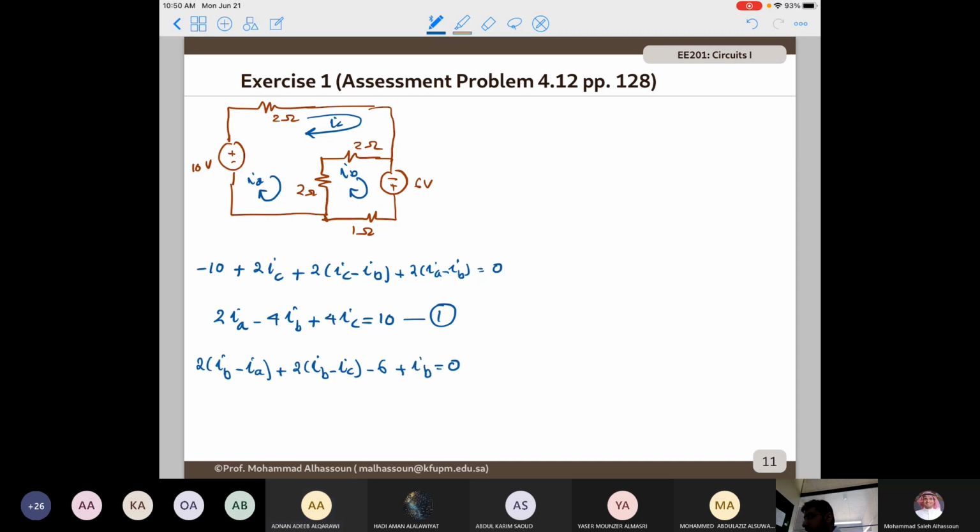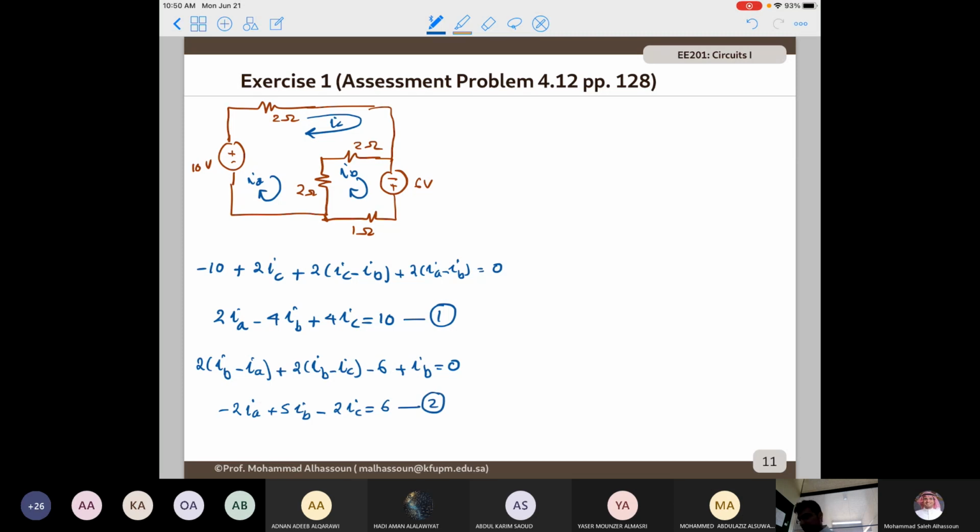So if I simplify it, I will end up with minus 2IA plus 5IB minus 2IC equals 6. And this is the second equation.